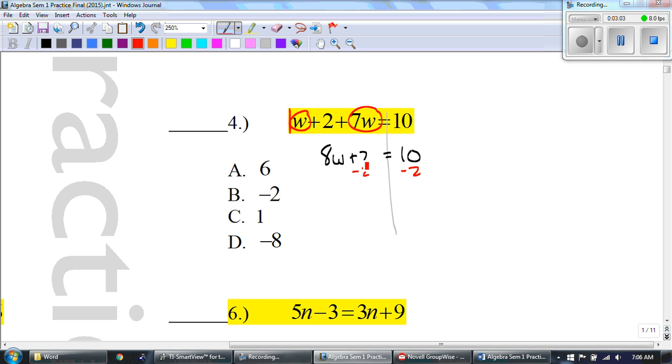And then we're just going to use inverse operations. We're going to subtract the 2 from both sides. 10 minus 2 is 8. And then to get the w by itself, we divide. So 8 divided by 8, we get 1.